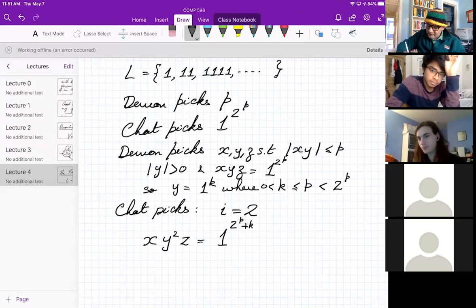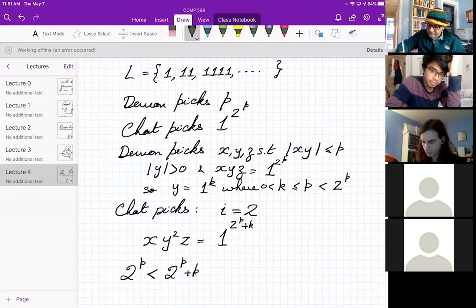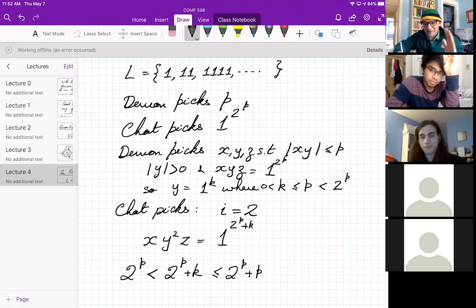So first of all, we note that 2^p is strictly less than 2^p plus k. Note strictly less than, because k is of course strictly positive. And of course, this is less than or equal to 2^p plus p, because k may be all the way up to p, but definitely not more than that.